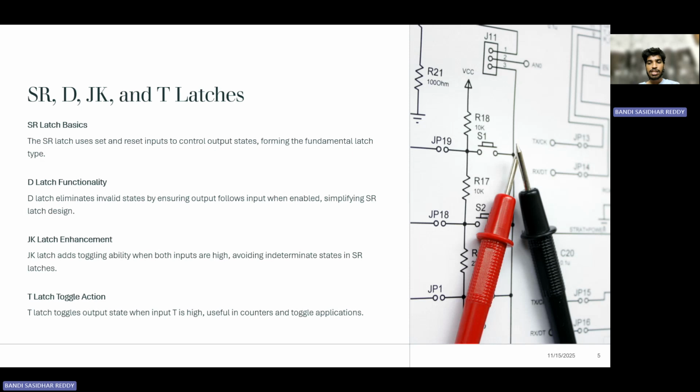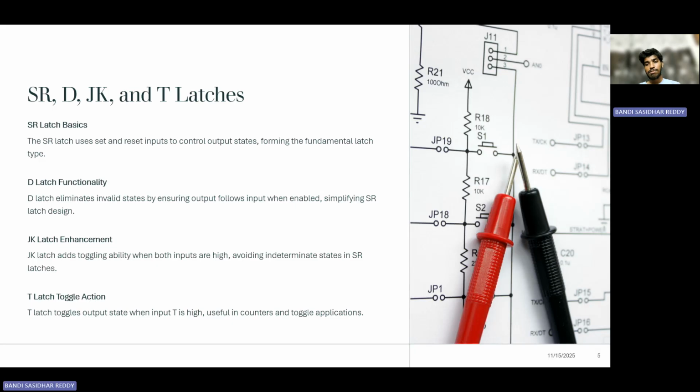Whereas the D latch simplifies the SR latch by eliminating the invalid state and ensuring the output follows the input when enabled, where D represents data or delay. The JK latch is an enhancement of the SR latch, allowing toggling behavior when both inputs are high, thus avoiding the indeterminate state.